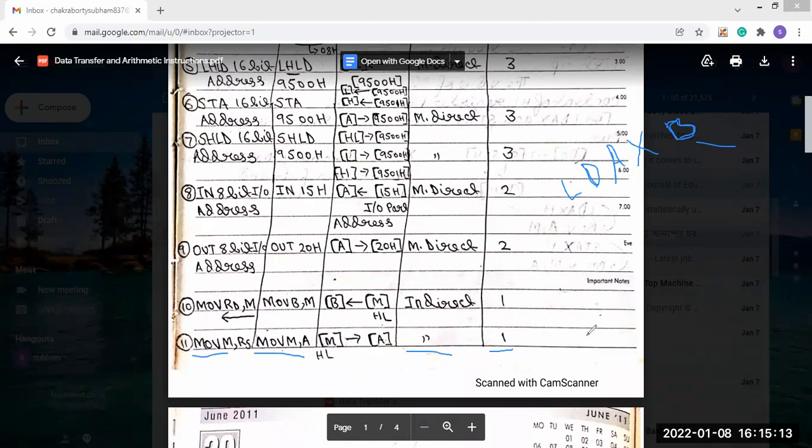Then another function is there, that is STAX B. This is also what? STAX. STAX means a 16-bit address.